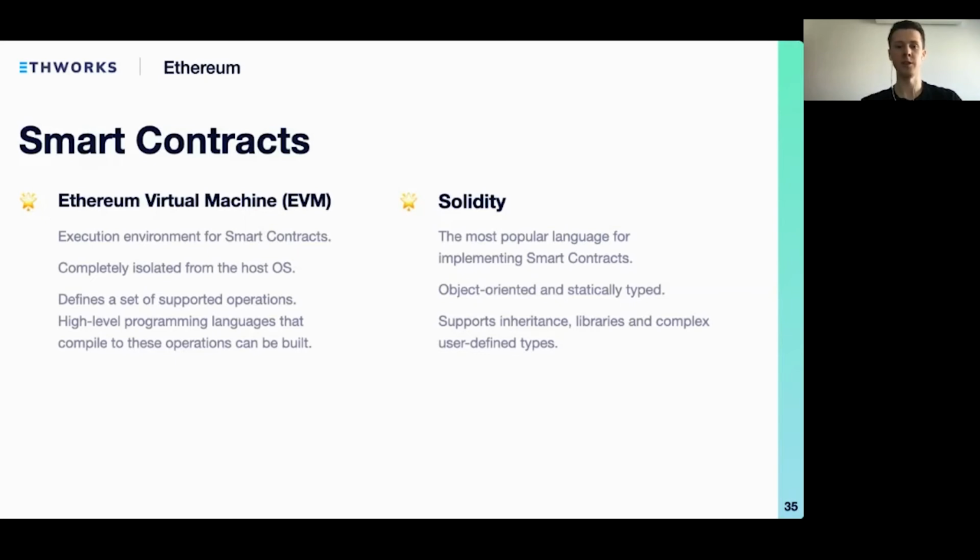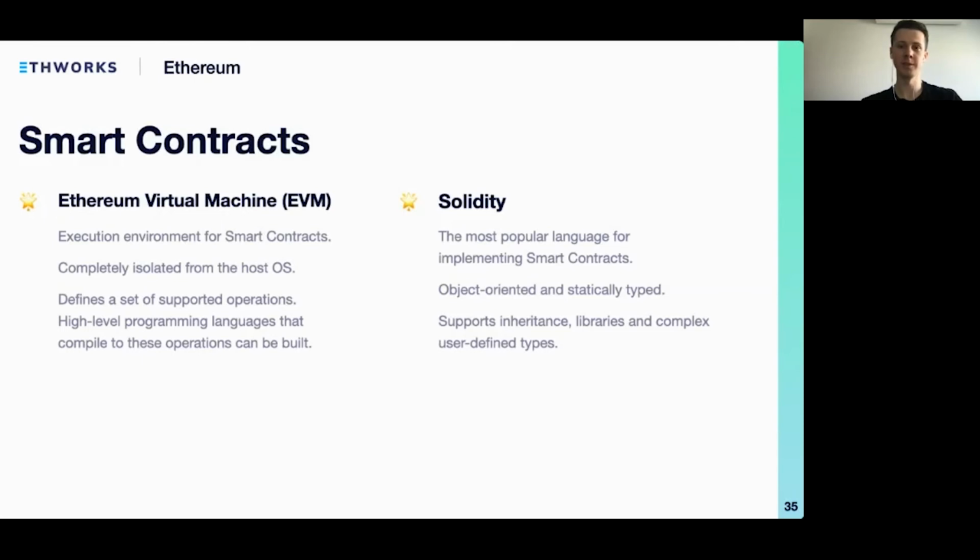So the EVM is completely isolated from the operating system. It doesn't allow, for instance, making HTTP calls to some other services or connecting to other networks. And there's a strong reason for it: it needs to be deterministic.